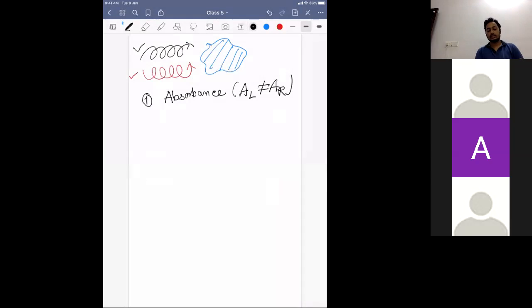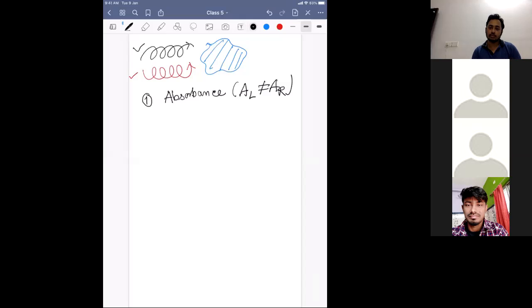So the reason is that over here, one of them is actually absorbed. Why is it absorbing? Because the wavelength of this right-hand or left-hand circularly polarized light is in a region where there is an absorbance for the molecule itself. And that's why it can differentiate between the left-hand and right-hand circularly polarized light. Depending on the actual electronic distribution of the molecule, it is absorbing one of them more than the other.